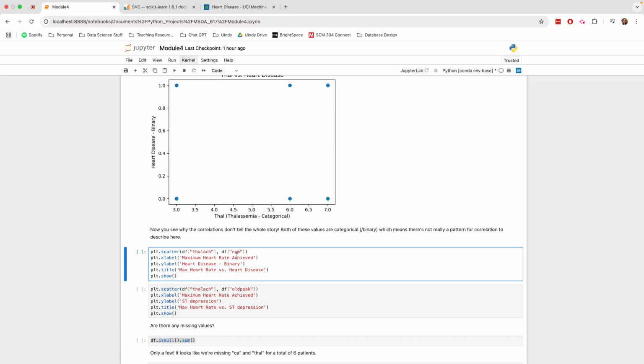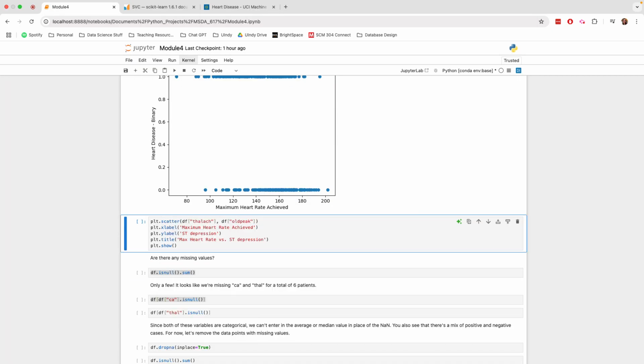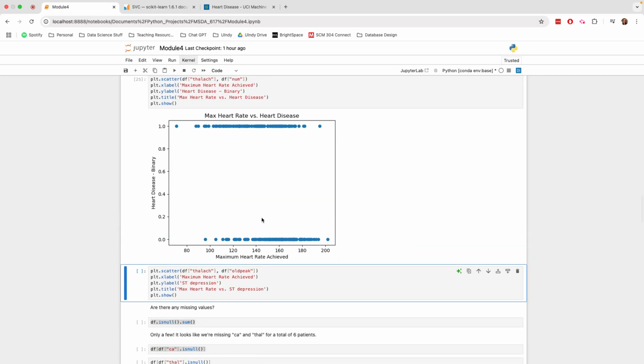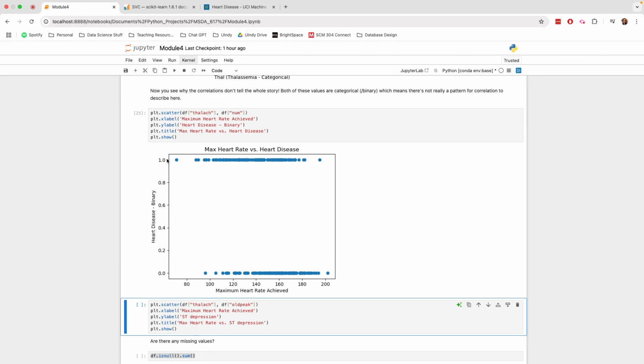Let's look at another one to kind of demonstrate that. So this one, I'm at least seeing a numeric value. This is the old peak. It's, I think, the maximum heart rate at a certain point. Yeah, max heart rate. I did a good job labeling versus that heart disease. It's still binary though. So remember, a lot of you were creating those scatter plots. These are really good to look at still because you can still start to notice a pattern.